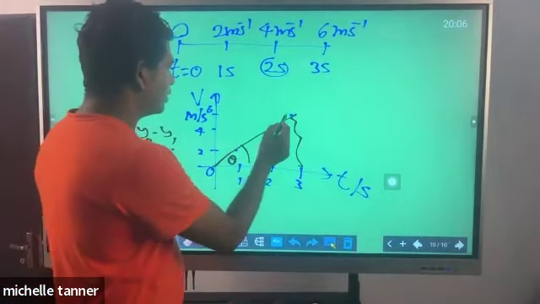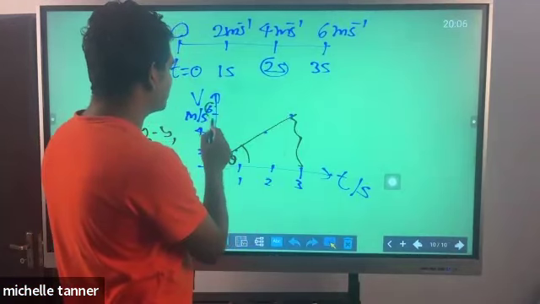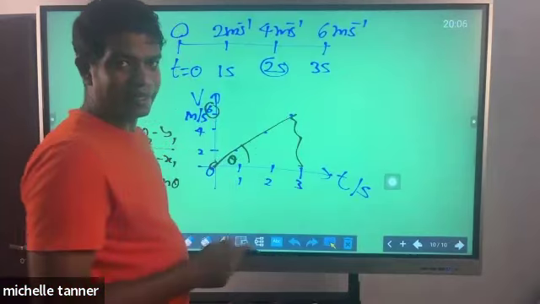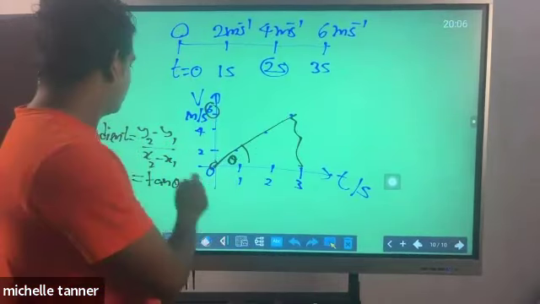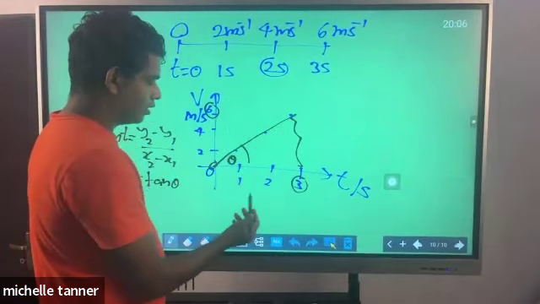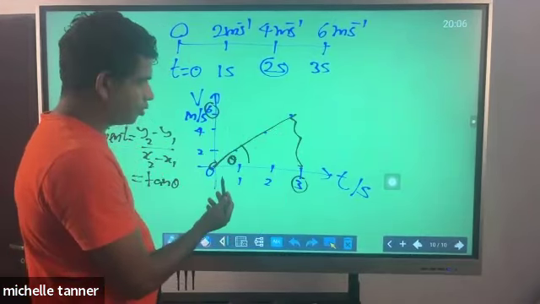Now, take y2 as 6 and y1 as 0, or you can take any values. Then the corresponding x2 for y2 is 3, and x1 is 0.